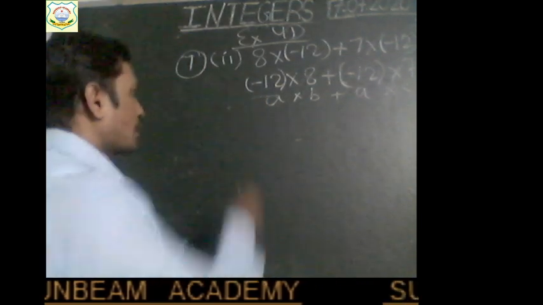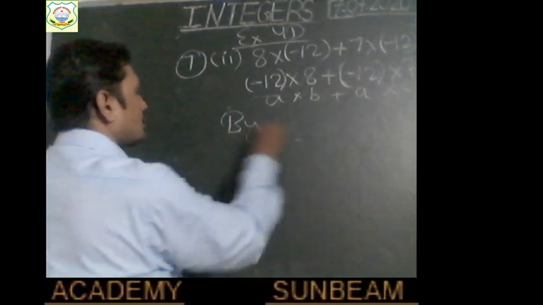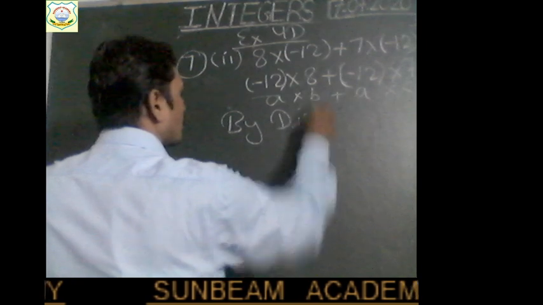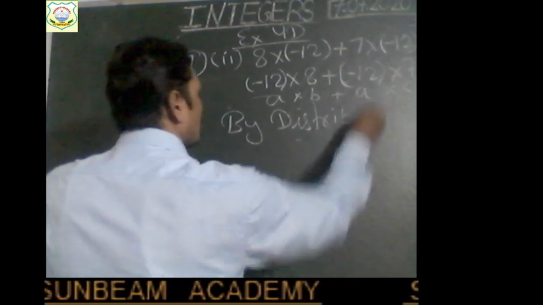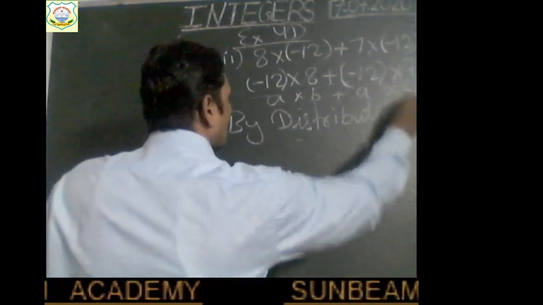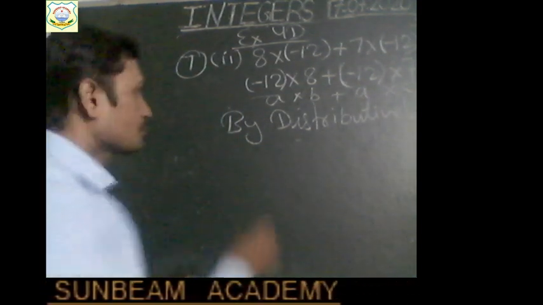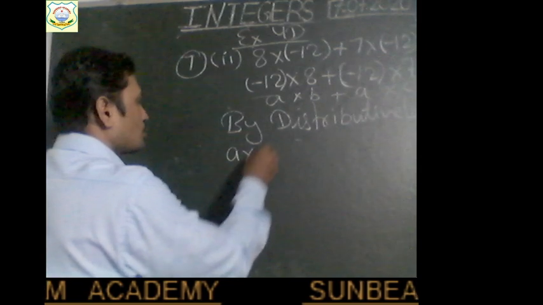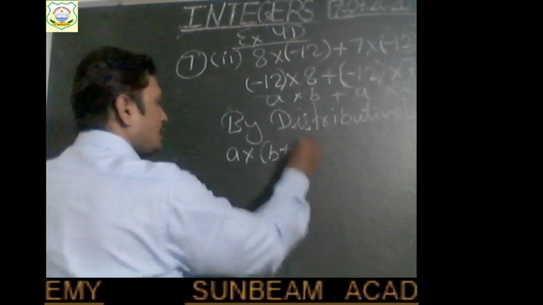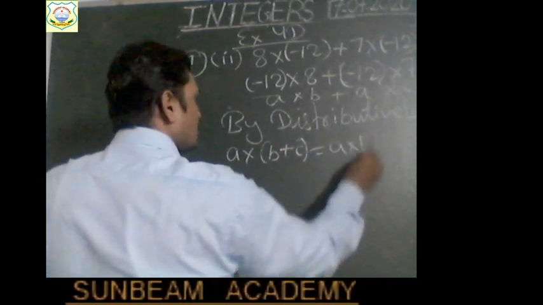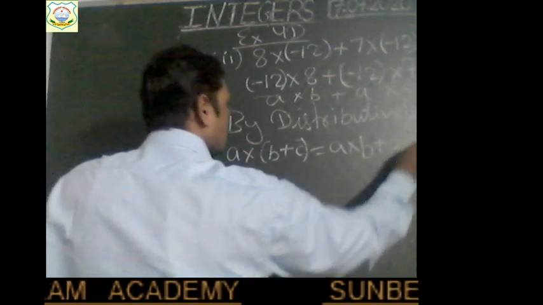What was the formula? By distributive law, what was distributive law, children? It was a into b plus c equal to a into b plus a into c.